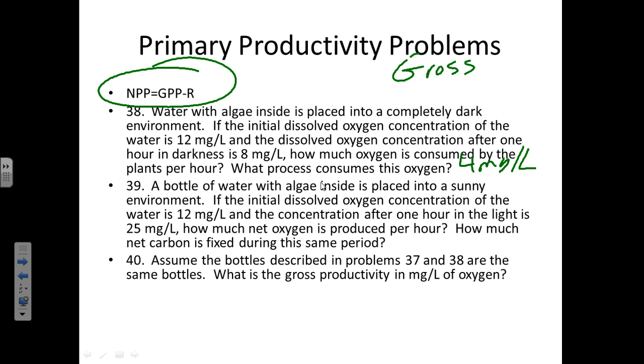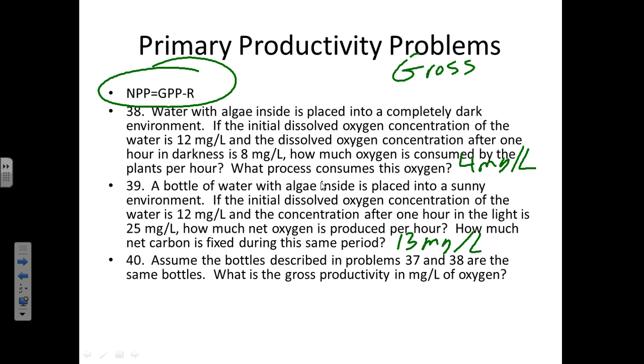It's doing photosynthesis way faster because we know what's happening. How do we know that? From the numbers. Oxygen levels going up, right? If respiration was happening faster, oxygen levels would be going down. So to get the net amount of oxygen produced, we're going to go 25 minus 12 and get 13. That's how much net oxygen production per hour.